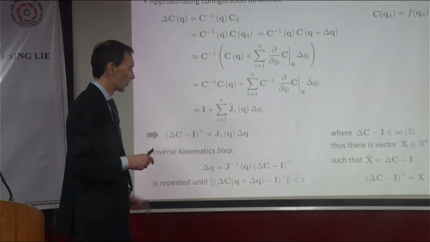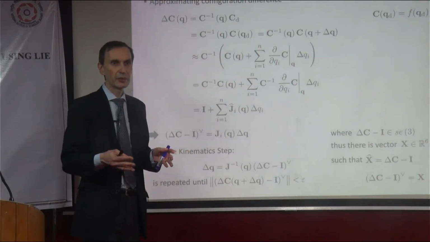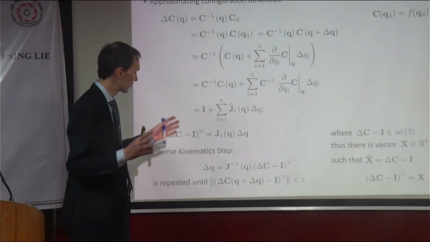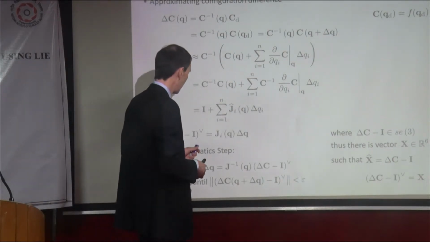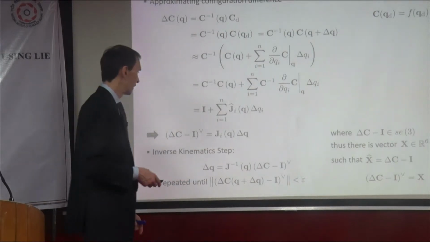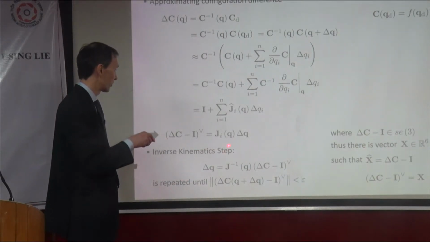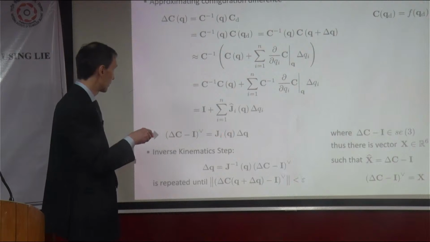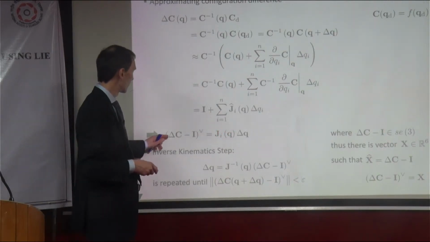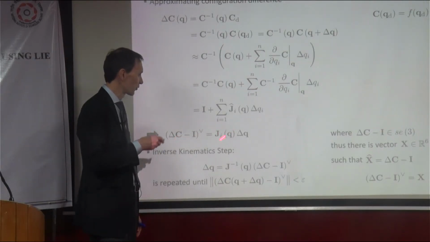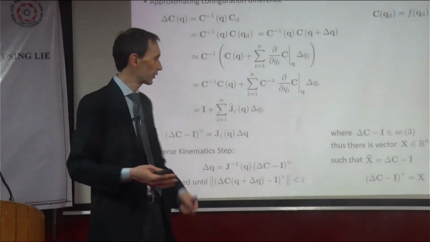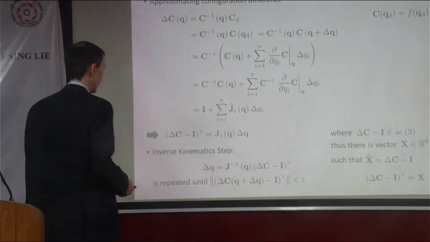Assume that we have a non-redundant system for the time being, and assume that we are non-singular, which is most of the time the case. So J inverse multiplied from the left to this expression gives you delta Q, and so we have a solution for the delta Q.